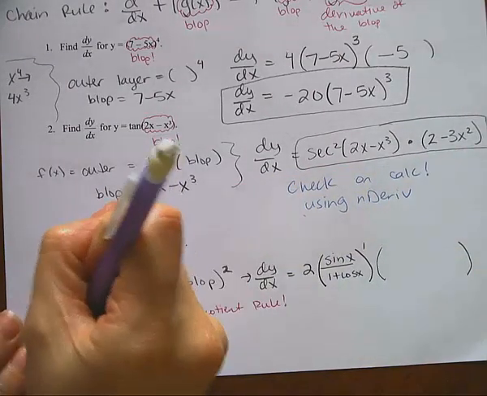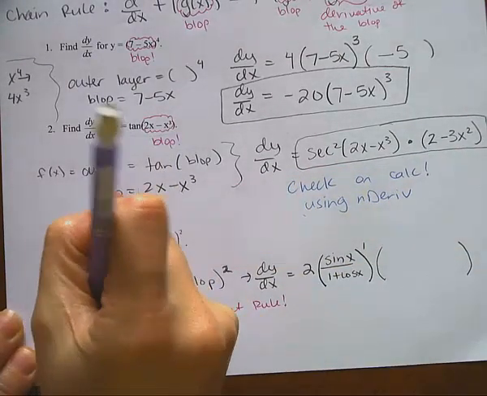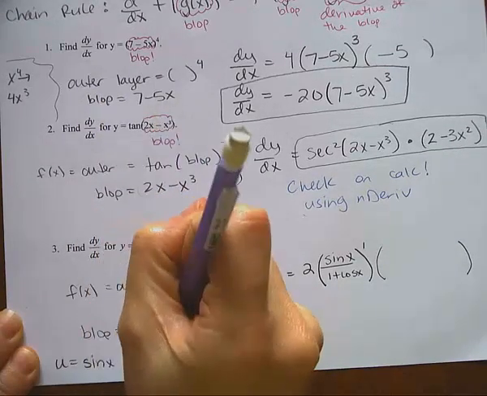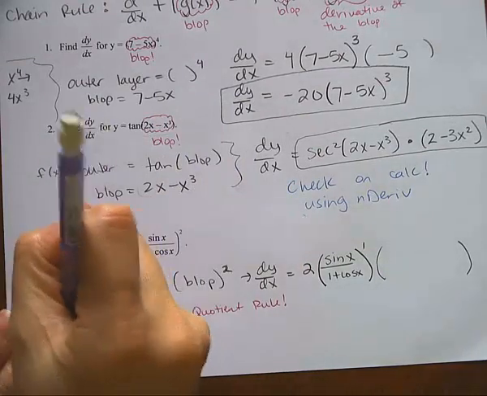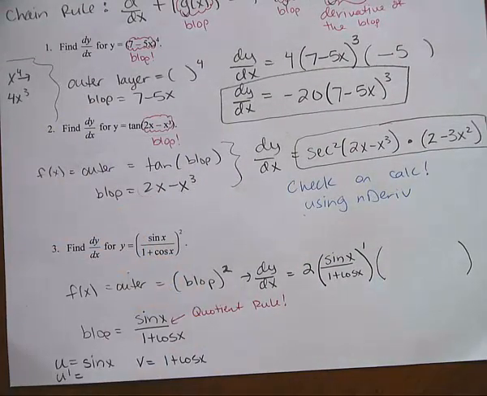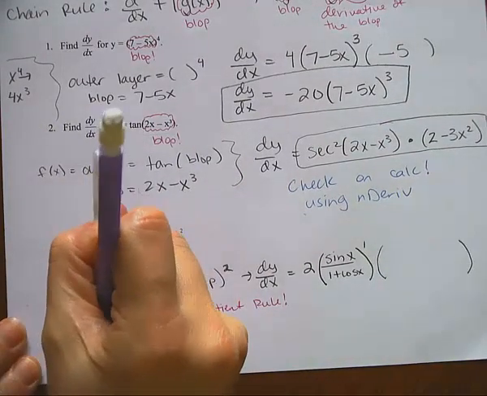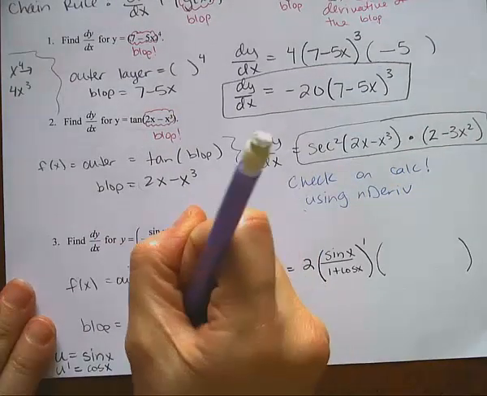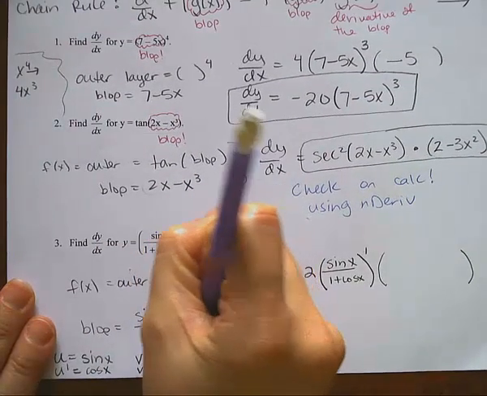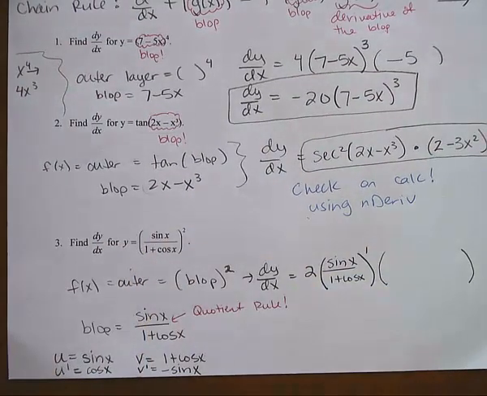U in this scenario is sine x. V in this scenario is 1 plus cosine x. U prime would simply be cosine x because it's the derivative of sine, and then v prime would be 0 because the derivative of 1 is 0 plus negative sine of x because the derivative of cosine is negative sine of x. And then the quotient would be u prime v minus v prime u all over v squared.